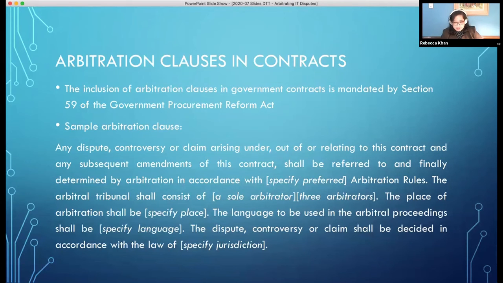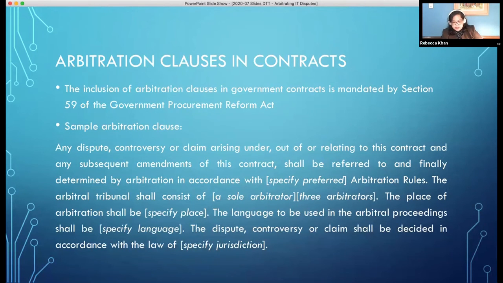The arbitral tribunal shall consist of, and then parties can decide beforehand whether they want one arbitrator or three arbitrators to decide their dispute. And then the place of arbitration shall be, and again, as I mentioned earlier, determining the place or seat of arbitration determines the law governing the arbitration, which has effects on enforcement and setting aside the arbitral award in the future.